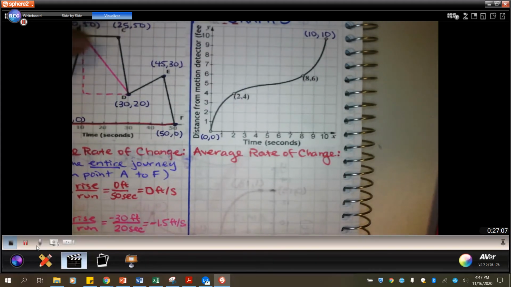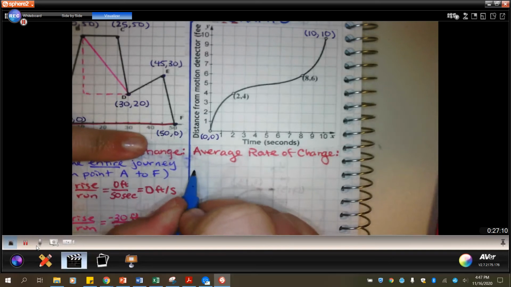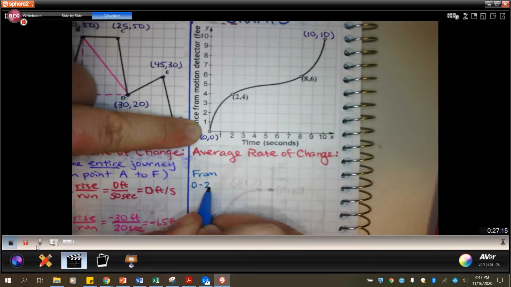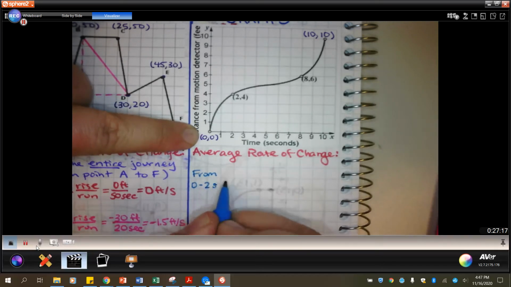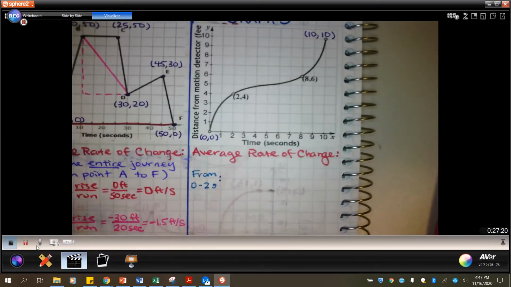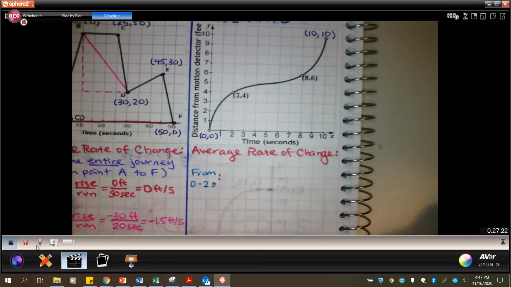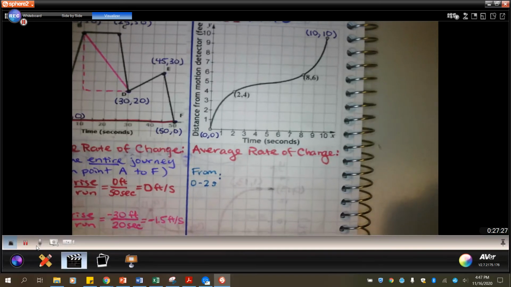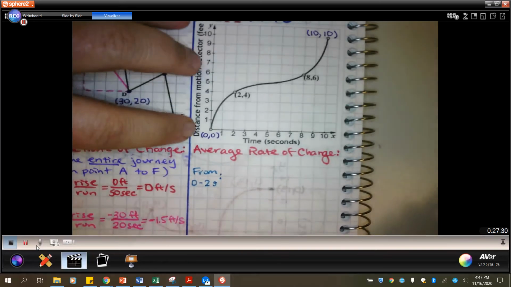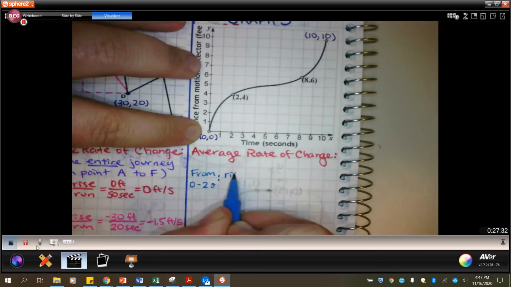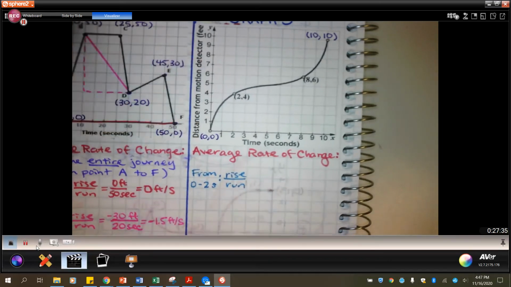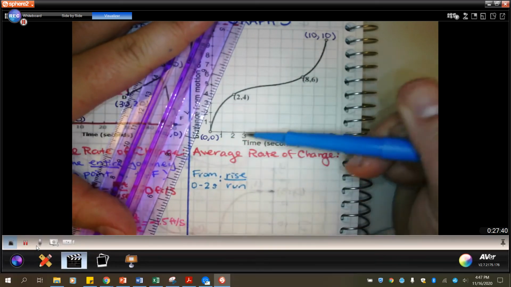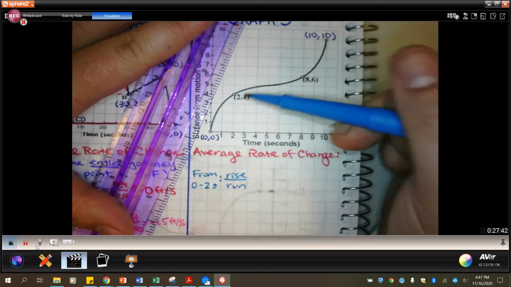So for example, let's do from 0 to 2 seconds. Okay, and we'll always refer to it in seconds because that's the independent variable. It's the one in control. So you want to use those to describe your area or section. So we look at rise over run, and we again want to connect. Here is 0, so we must mean that point, and 2 on the x-axis corresponds to that point.